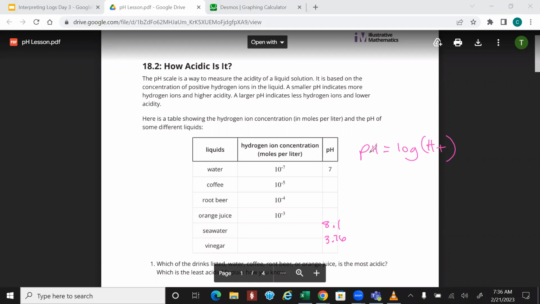In order to find the pH, we're going to say log of 10 to the negative 7. Start at your base, go to the outside, finish at the exponent. And that's how we got that pH level of 7. Not sure why. Oh, I do know why, because this is supposed to be the negative log.